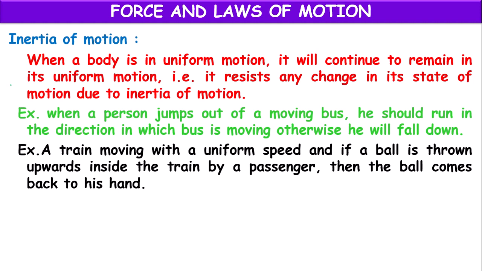Next, inertia of motion. When a body is in uniform motion, it will continue to remain in its uniform motion. That is, it resists any change in its state of motion because of one property that is called inertia of motion.